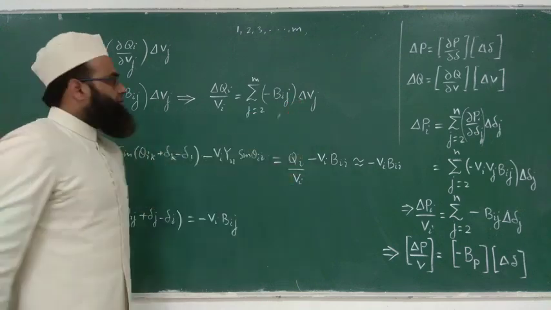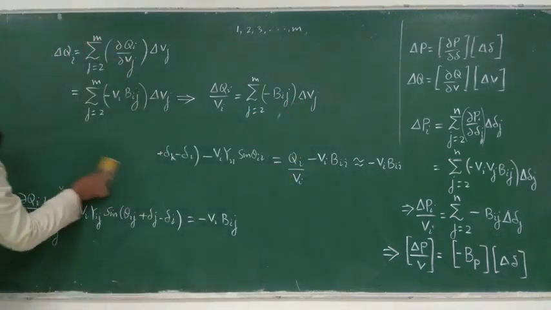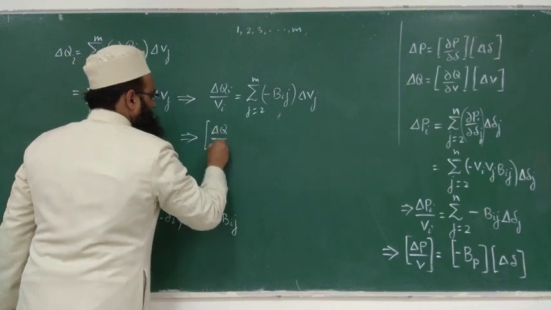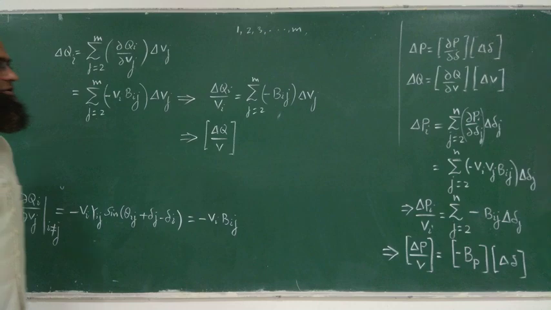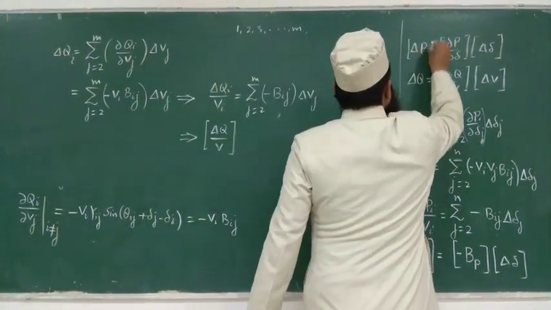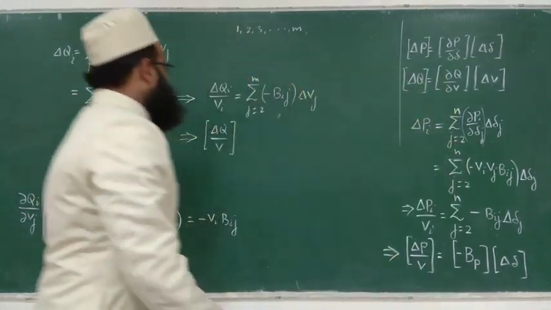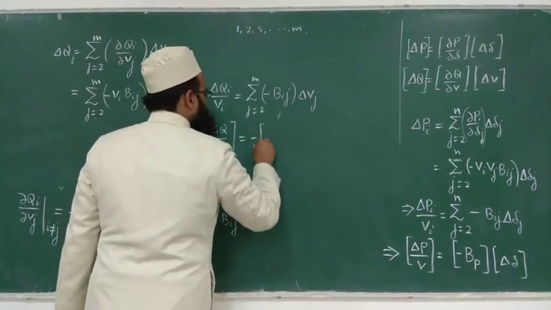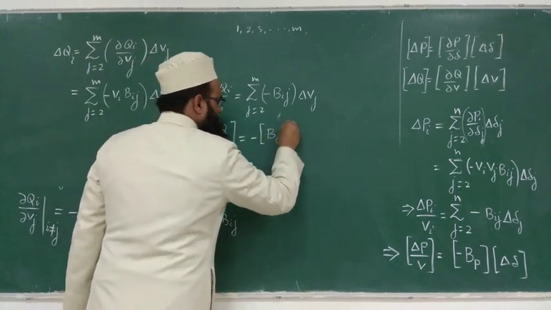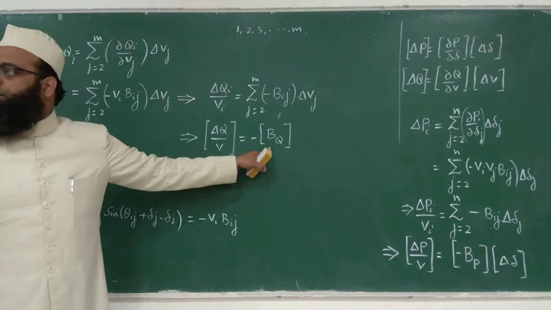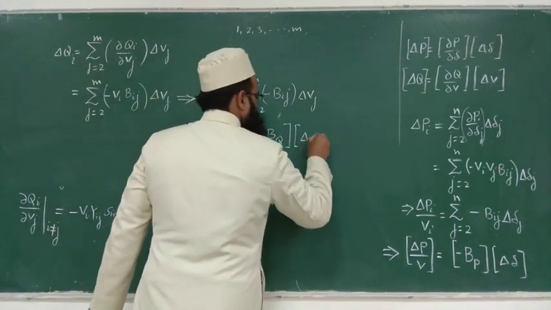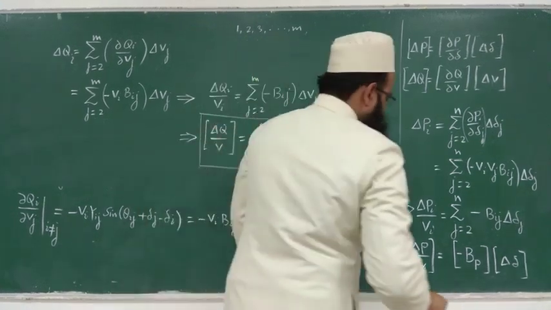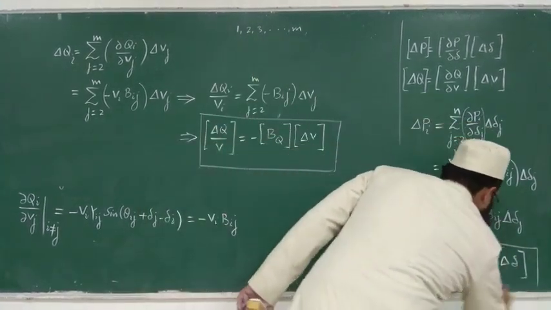So this can further be written in vector form: del Q upon V, this vector, similar to the earlier vector, can be written as minus, outside or inside doesn't matter, the constant matrix BQ times del V. So we have further modified the power mismatch equations for fast decoupled load flow as this.